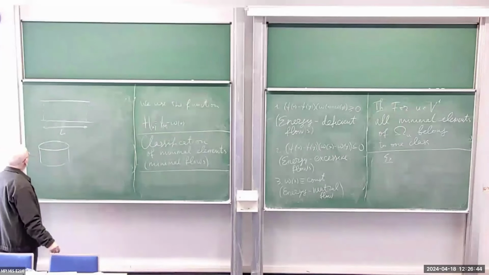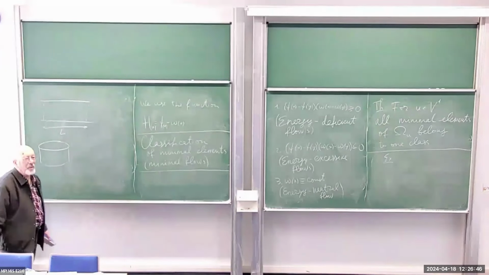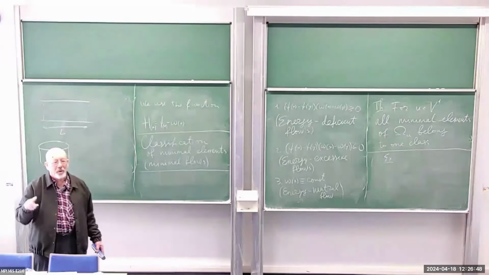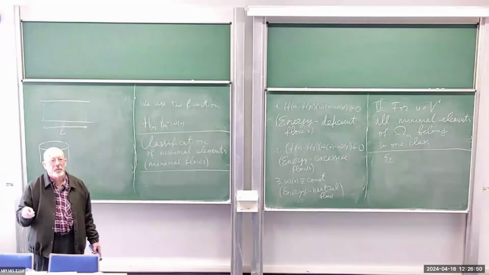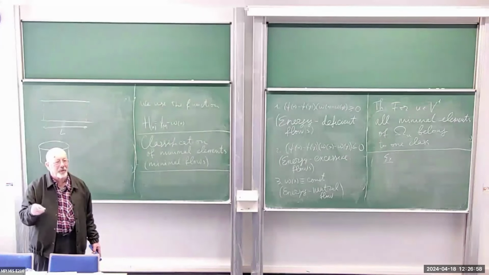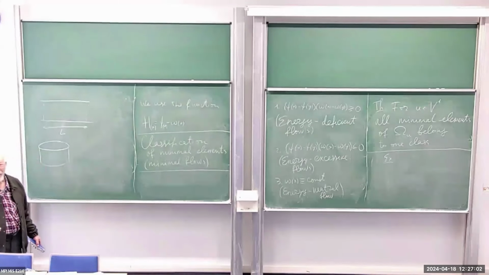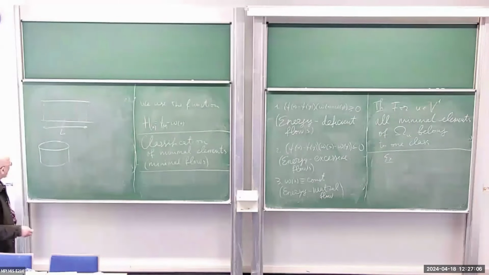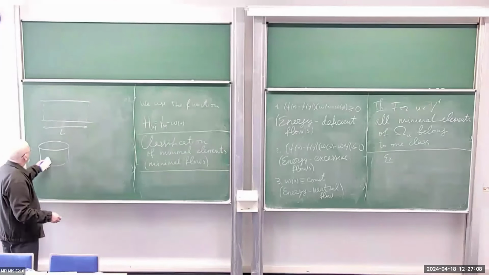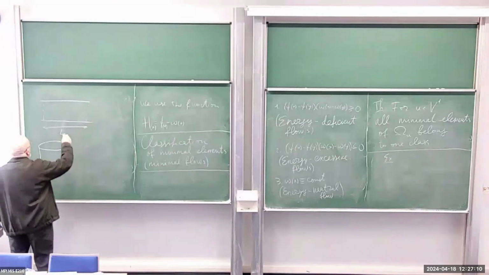This is not a simply connected domain, of course. So we have to perform a little more to take into account all components of the boundary. The result is the same, but it will require a few more minutes to explain it. So, parallel flow.